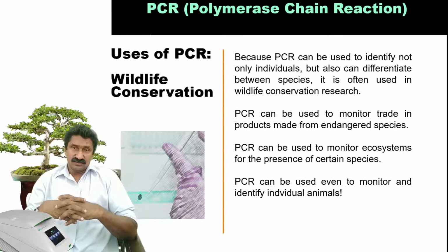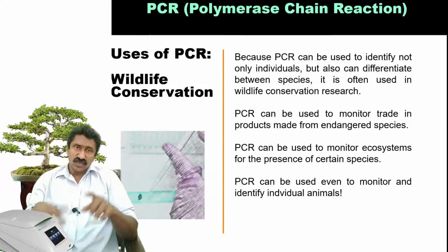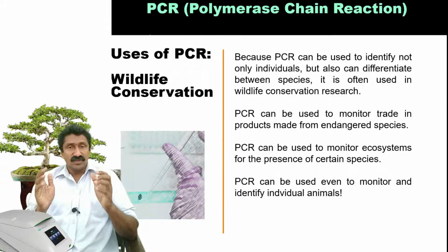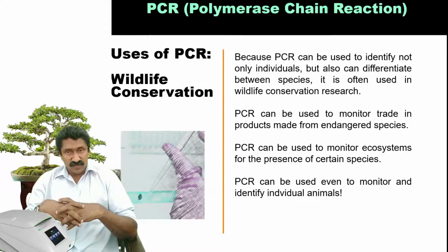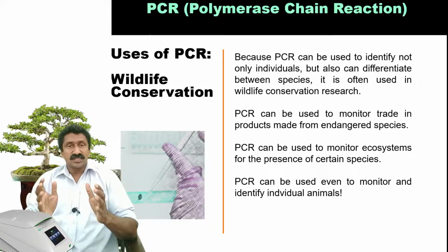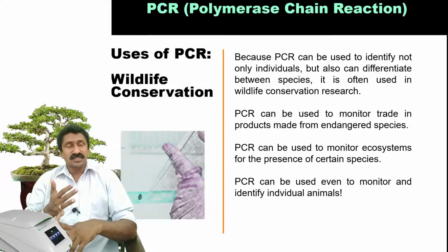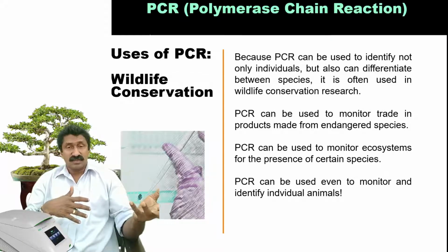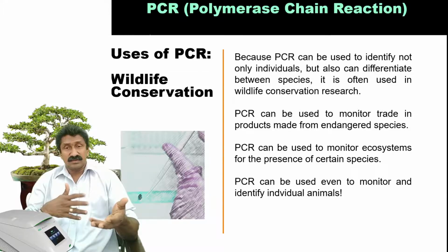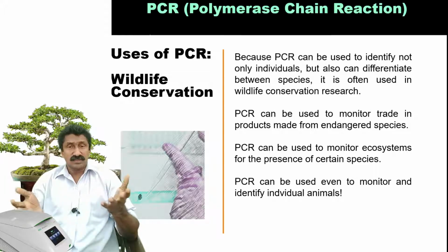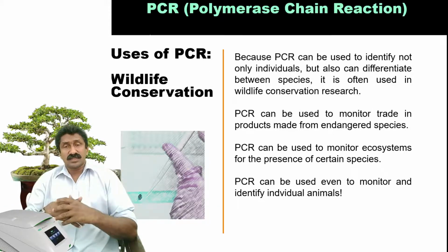Wildlife conservation, because PCR can be used to identify not only individuals but also differentiate between species. It is often used in wildlife conservation research. PCR can be used to monitor trade in products made from endangered species, maybe even in cases filed against wildlife poachers and others.